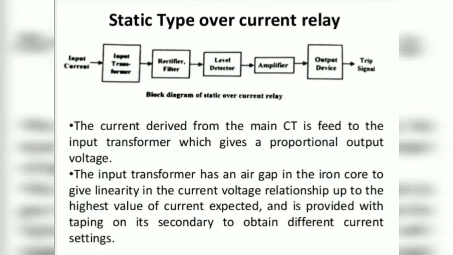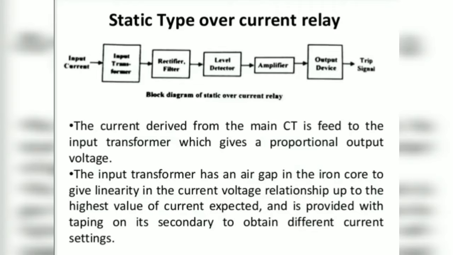It will give the trip signal to the relay and is provided with tapping on its secondary to obtain different current settings. The output voltage is then rectified and filtered at a single stage to avoid undesirable time delay in filtering, so as to ensure high speed of operation.